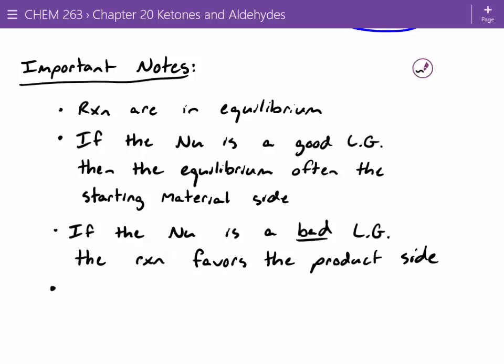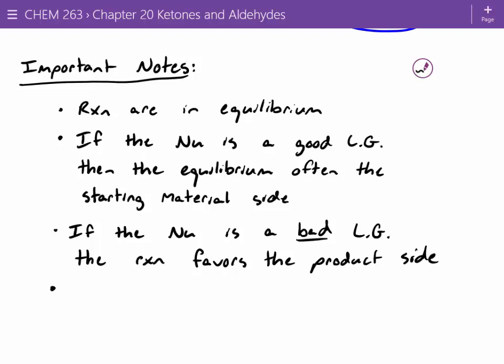Also, the last thing I wanted to mention for the important notes is if we're comparing aldehydes and ketones, which one's going to favor formation of your nucleophilic addition product more? Aldehydes, and why is that? Because they're more electrophilic, right?